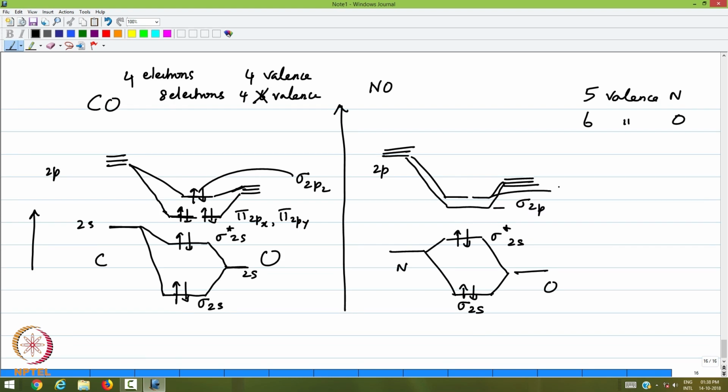And these are pi 2 px, pi 2 py, and the anti-bonding orbitals are all, of course, there. Okay. Now, you can see that the NO has the 11 electrons distributed this way with 1 electron here on the anti-bonding orbital, paramagnetic.